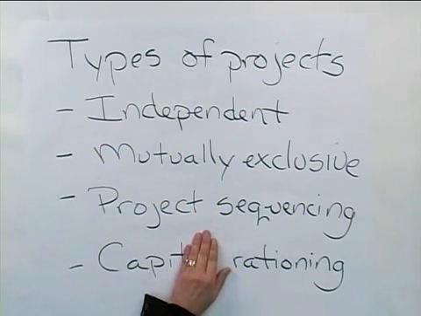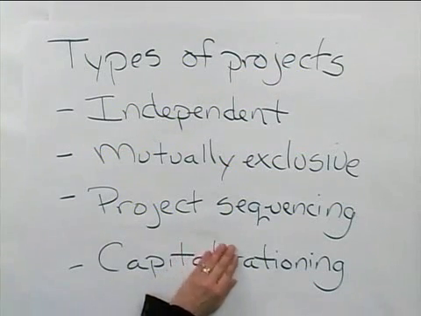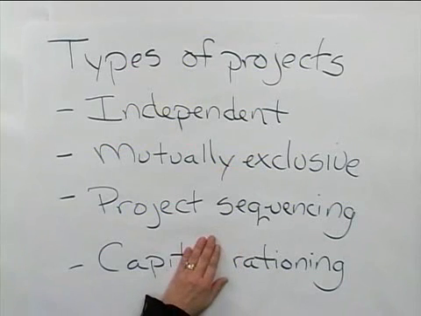Project sequencing. This is becoming more and more of an issue. Very often, you will have a project, and if you successfully complete this project, you can do more of it. There are growth options built into the project. We complete phase 1, that opens us up to phases 2, 3, and 4, and however many projects we have.